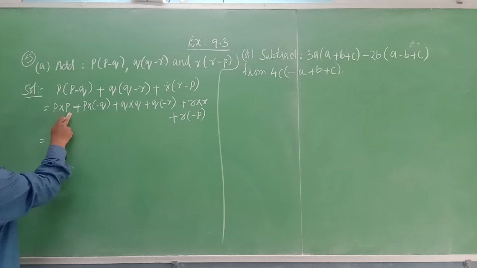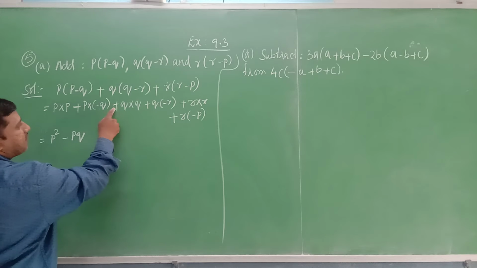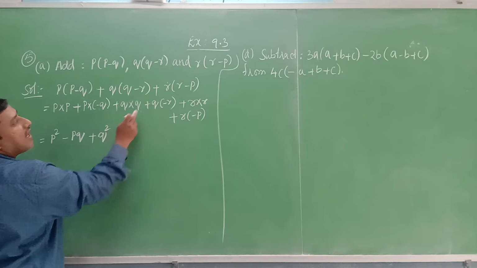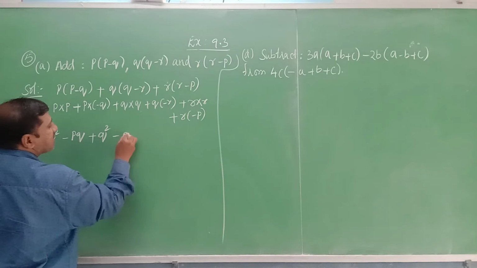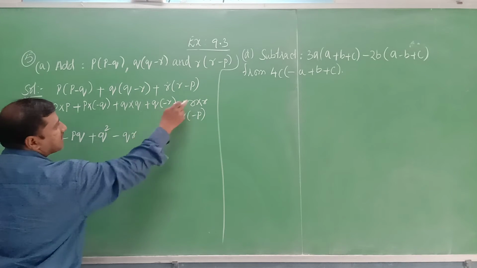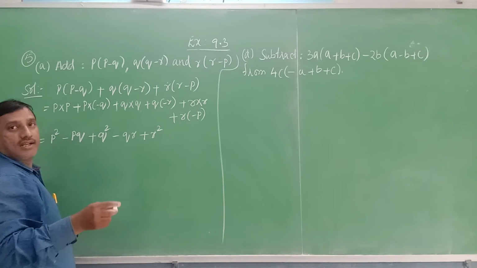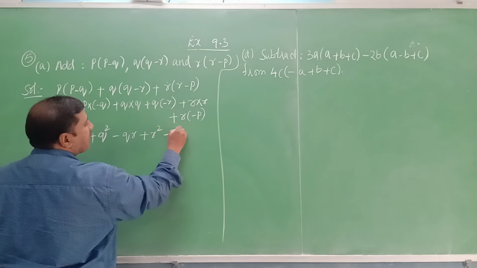P into P, it is P square, plus into minus is minus, P into Q, PQ, then plus into plus, Q into Q, Q square, again plus into minus is minus, Q into R, it is QR, again plus into plus is plus, R into R, R square, then plus into minus is minus, R into P, it is RP.